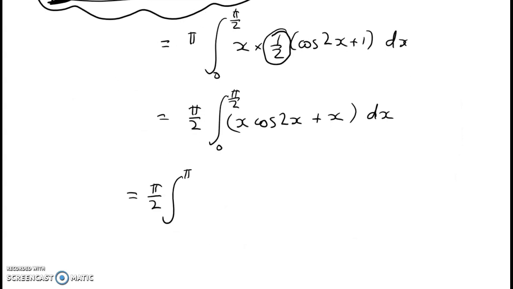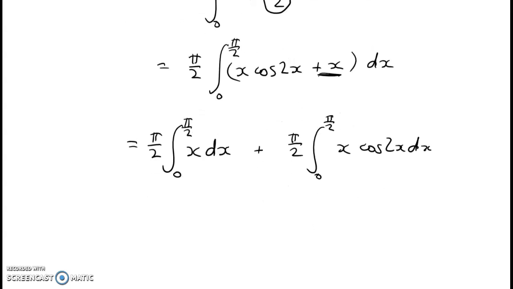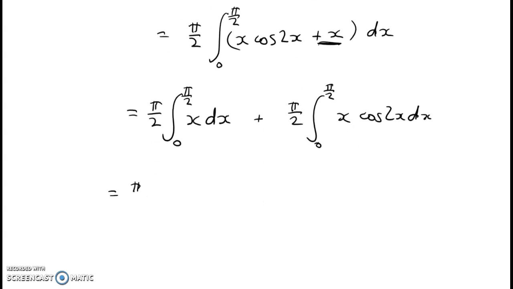We have from pi on 2, so that's this one here, and then we're going to have the integral that's going to need integration by parts to deal with, which is going to be x times cos of 2x dx. So this first one is a level 2 integral, nothing to it.